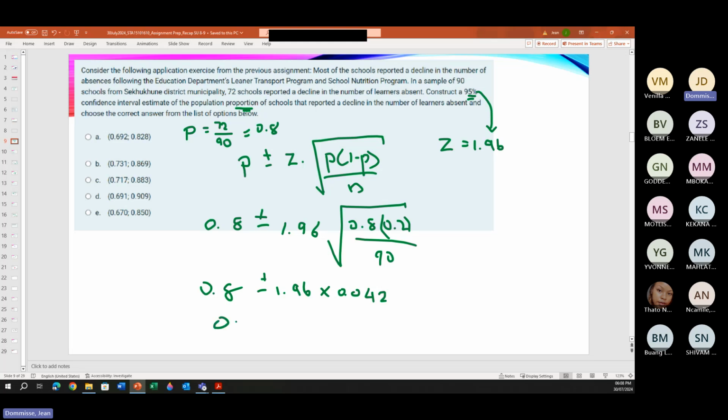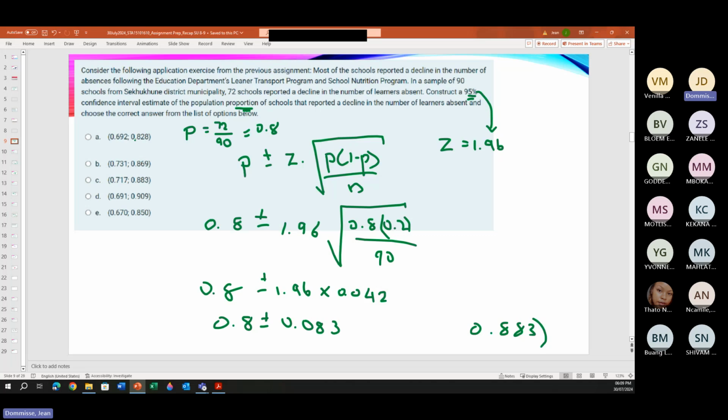So I get 0.8 plus minus 0,083. So at the top, it will be 0,883, and then at the bottom, it will be 0,717.